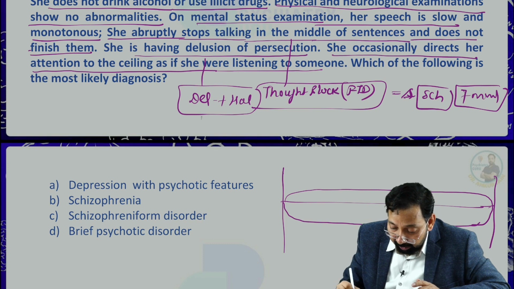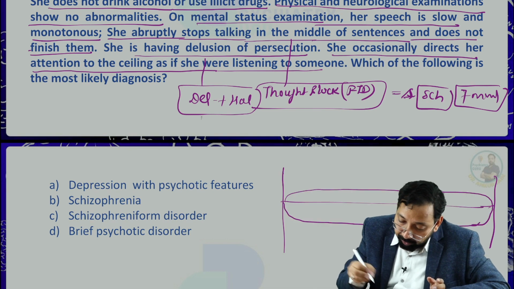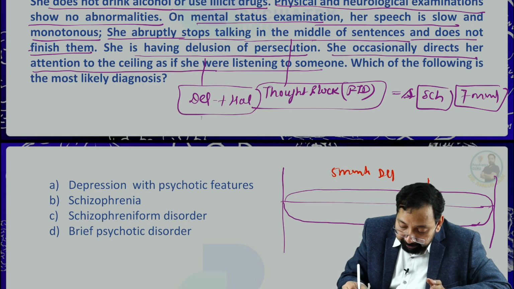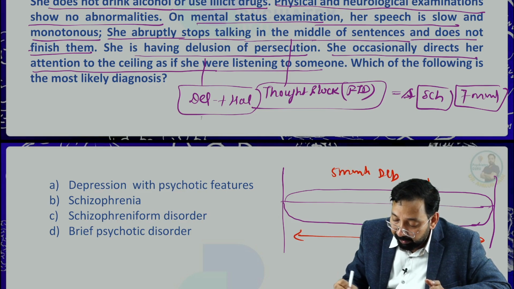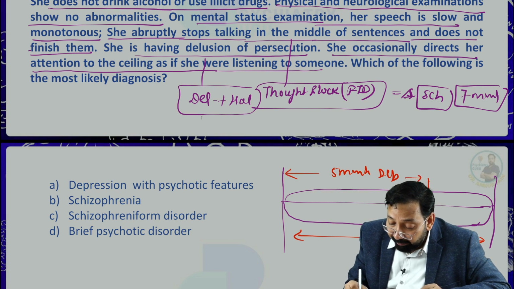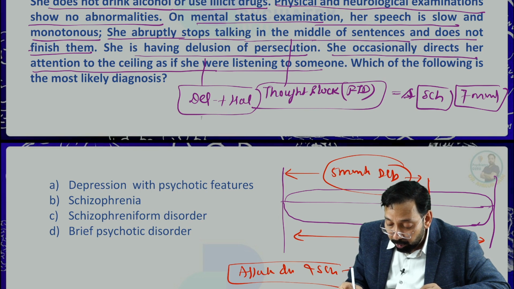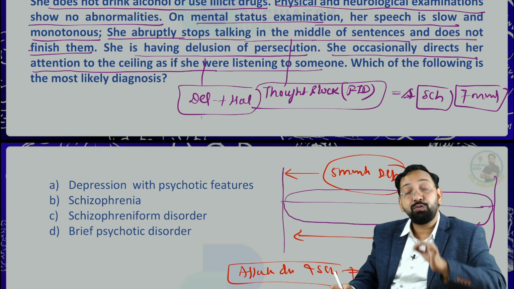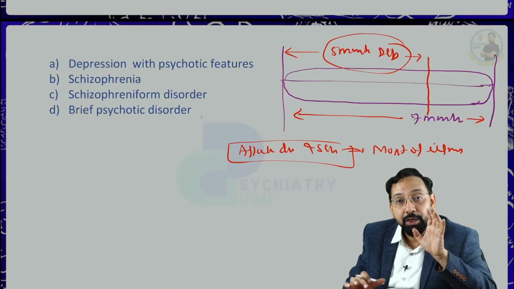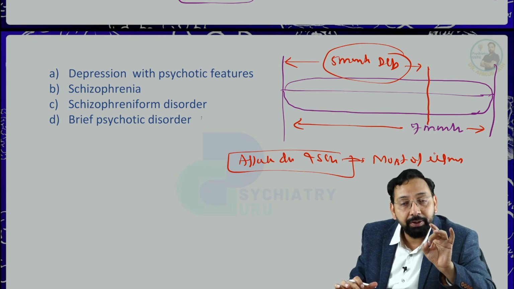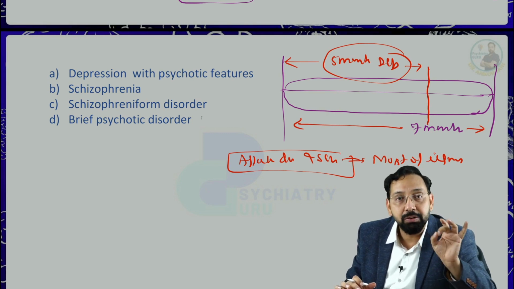Suppose this is 7 months, and 5 months of depression. Depression is an affective disorder, and schizophrenic symptoms are present during most of the illness. Yes, out of 7 months, 5 months is most of the illness. During most of the illness, the patient is having both affective symptoms and schizophrenic symptoms: schizo-affective, schizoaffective disorder.